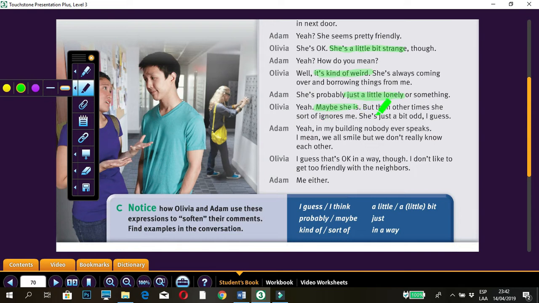What else? Other times she sort of ignores me. It's what we say in Spanish, como que un poco me ignora. That's what it means. She's just a bit odd. Odd es un poco rara. I guess.